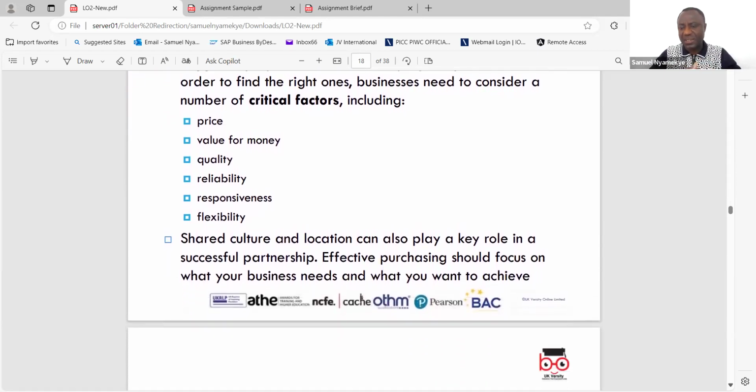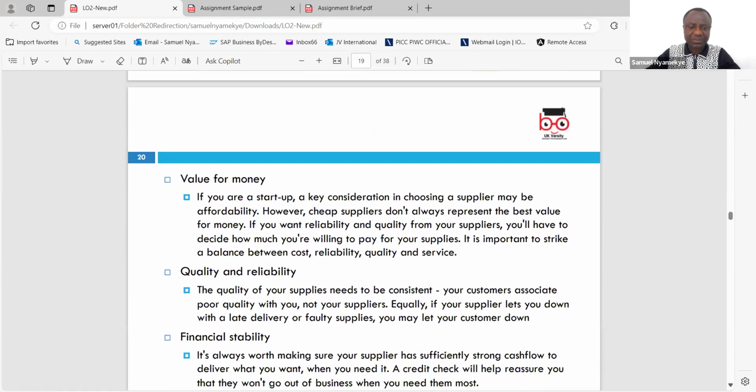Then we also say culture. You should know whether their values and their beliefs and behaviors align somehow with yours. And location is also important, down to language and all that. So you should be looking at all this while you are selecting who to partner with for your projects.